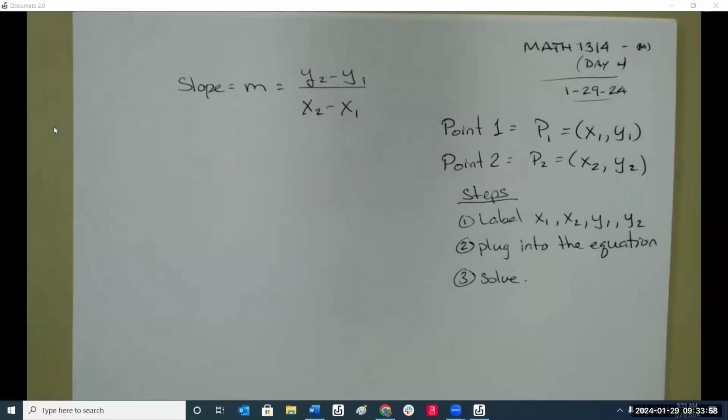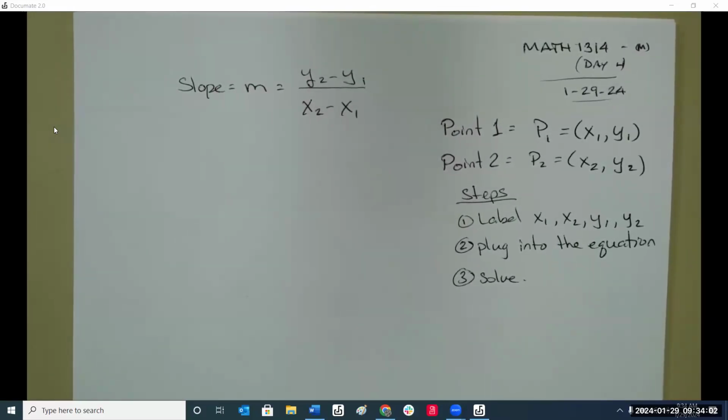When I say solve, at what point do you stop processing? When do you stop working on the equation?